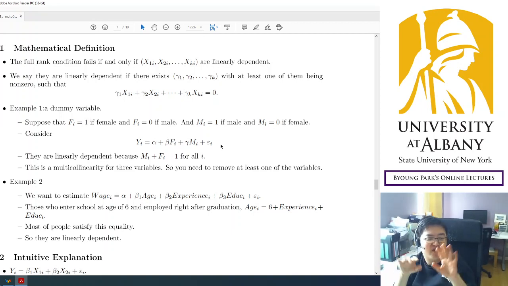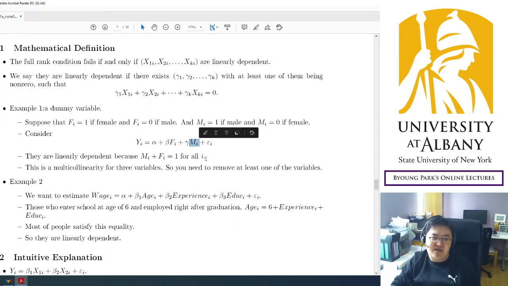So when you run a program with this regression equation, these days statistical software is smart, so it tells you your equation has a multicollinearity problem, and the program may automatically drop one of them. Since there is no other solution, the only solution is to drop one.